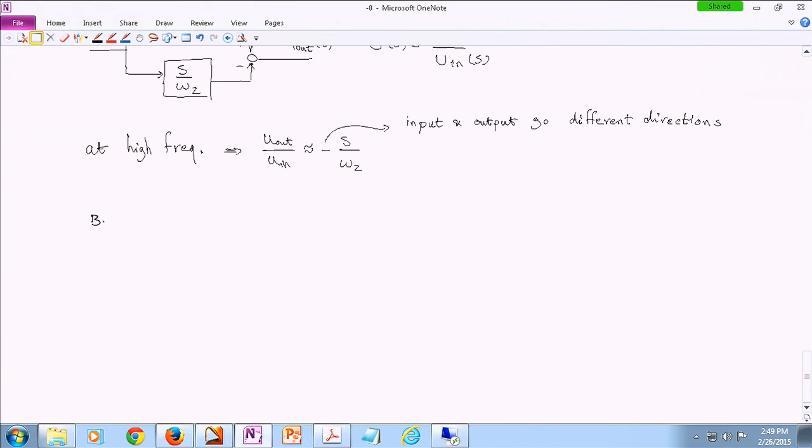So if you are looking at a boost or a buck boost, and your converter is running at 0.4 as the duty cycle, or 40% duty cycle, and all of a sudden you change that duty cycle to 0.6.